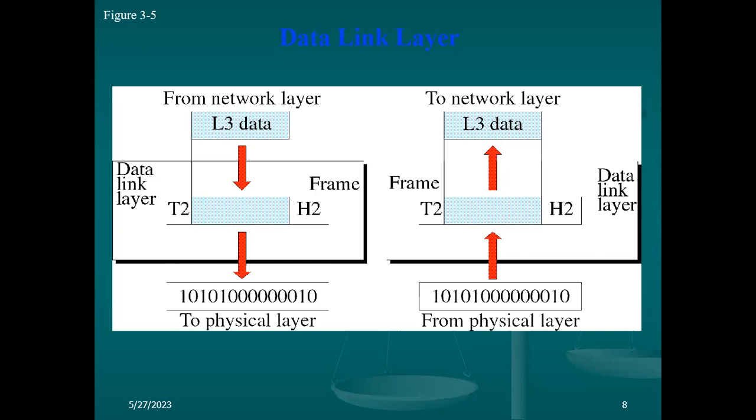So this is the whole functionality: how the data link layer receives the packet from the network layer and converts it into frames, and how it transmits the frames to the physical layer at the sender side; and at the receiver side, how the data link layer receives the data in the form of raw bits, converts the raw bits into frames, and then transmits the frames to the network layer.